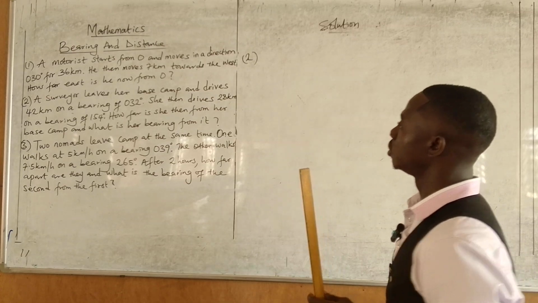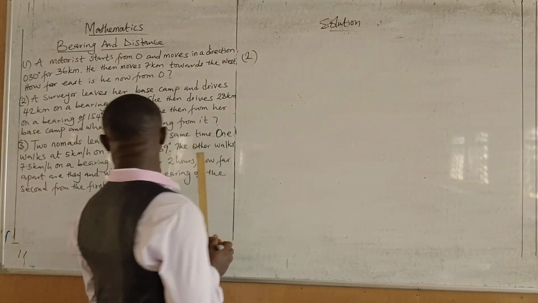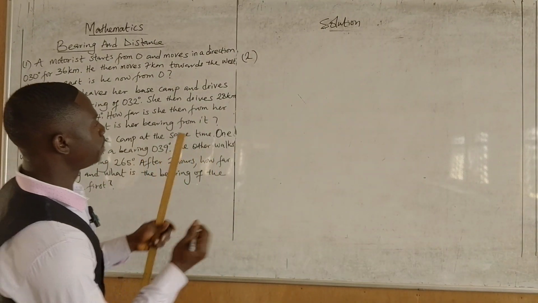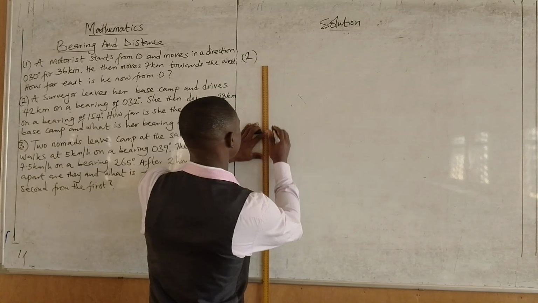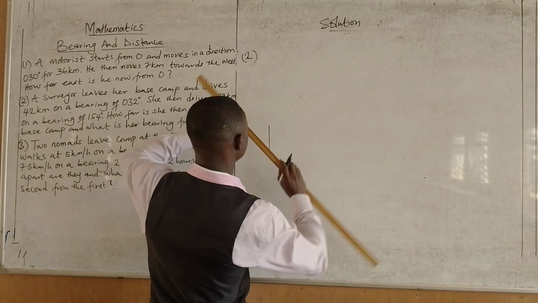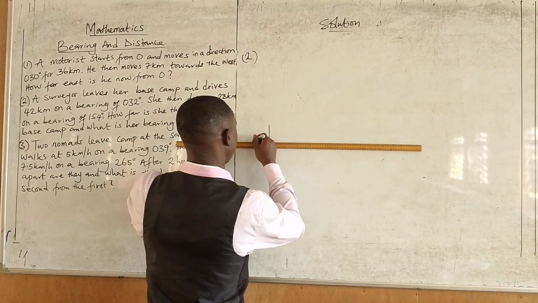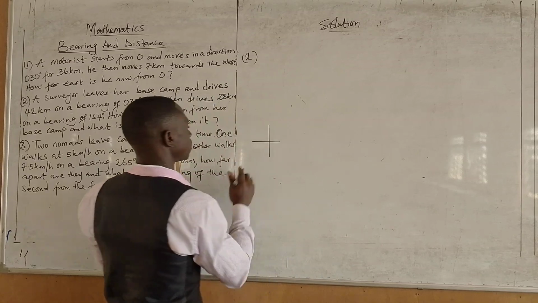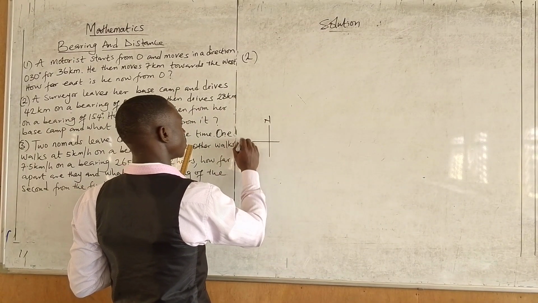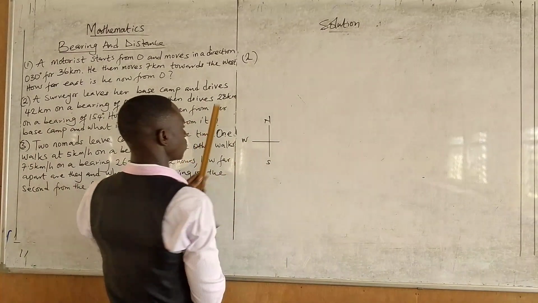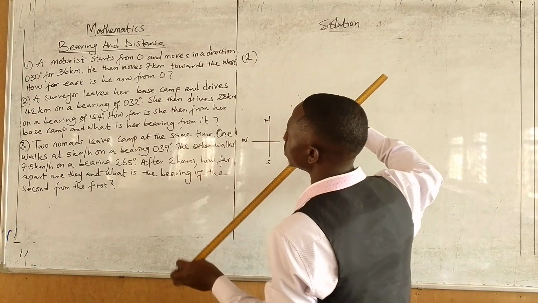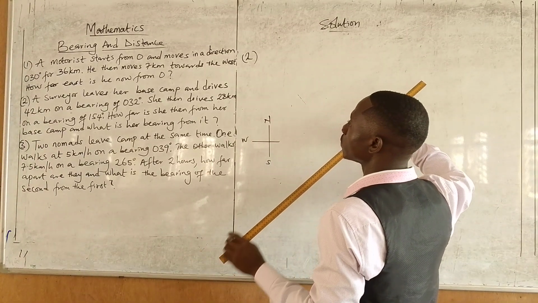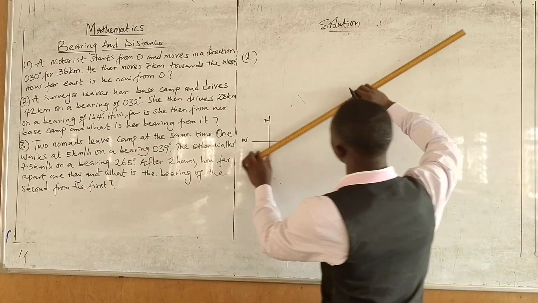Full stop. So this is the starting point. This is where the surveyor is. North, west, east, and what? And south. So she moves 42 kilometers on a bearing of 32 degrees.